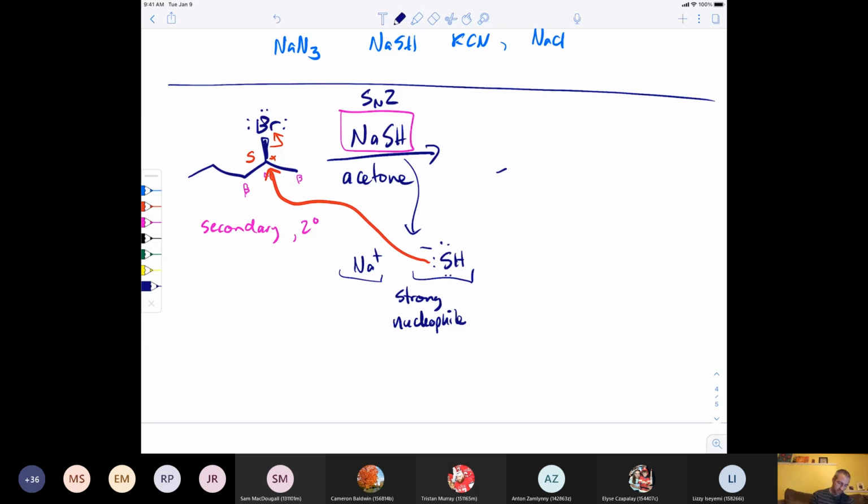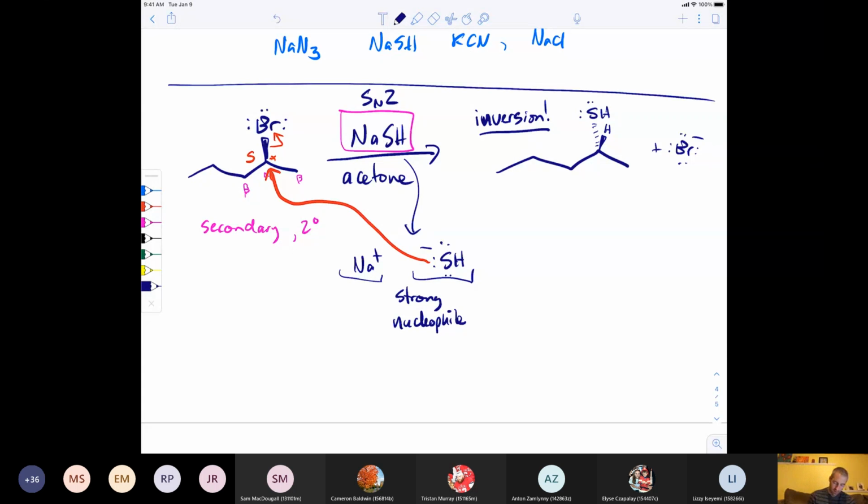And all in one step, you have the SH come in, and bromide is kicked out. Notice the SH that I've drawn is using a hashed bond, not a wedged bond, and that's because we've inverted the configuration. Inversion always happens with SN2s.